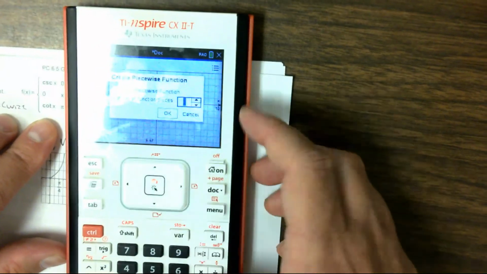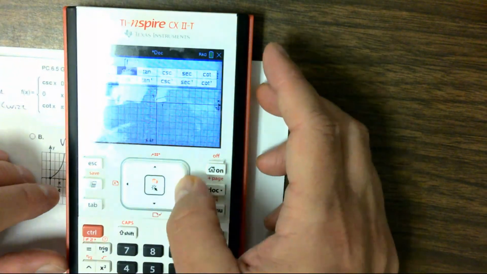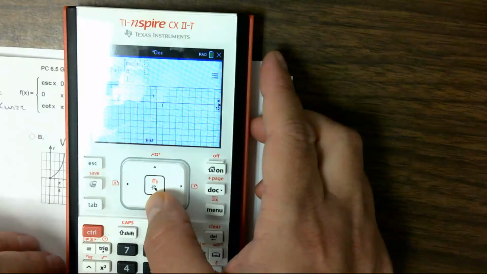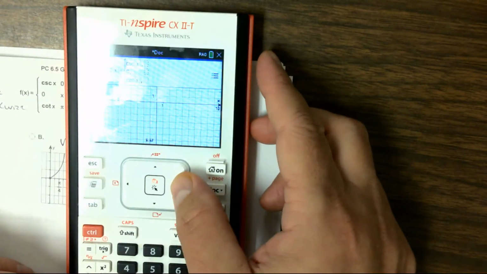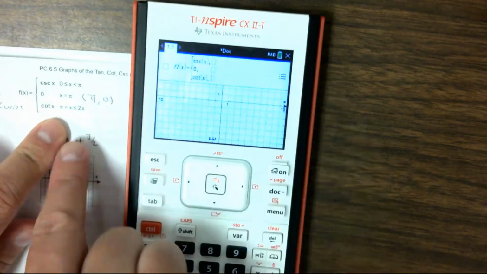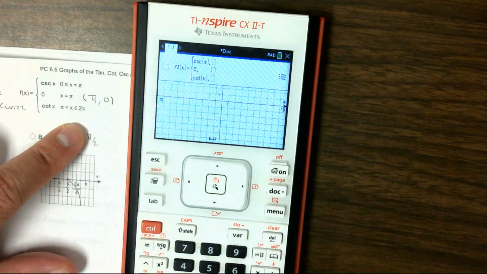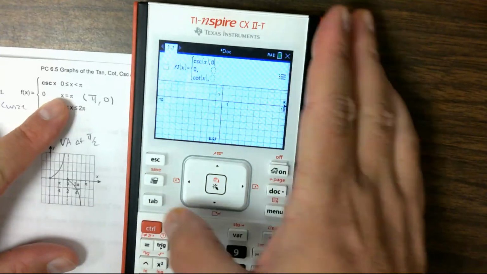And we want 3 pieces. We have cosecant of x, we have 0, and we have cotangent of x. Now, this might be a little tricky on the two-sided limits. Now that I'm thinking about it, I might have to make this 6 parts. Let's try it this way and then learn from it.